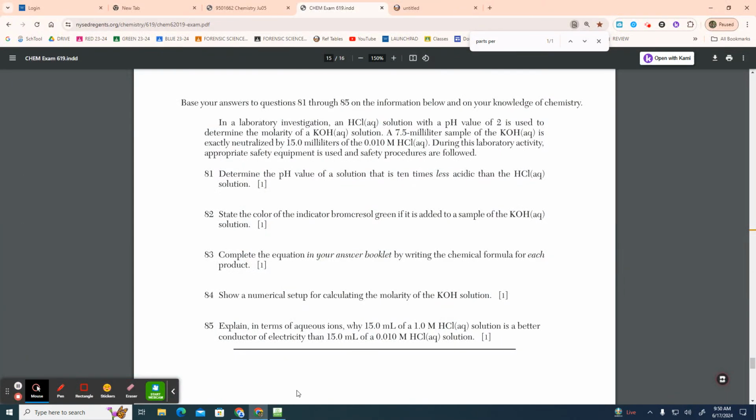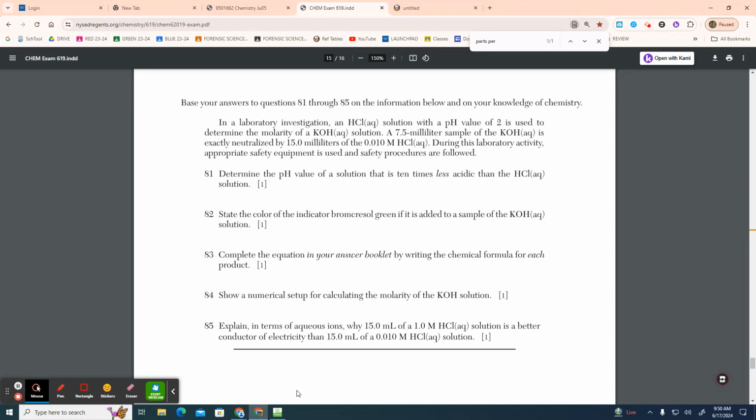All right. Explain in terms of aqueous ions why 15 milliliters of the 1.0 molar hydrochloric acid solution is a better conductor of electricity than 15 milliliters of a 0.01 molar hydrochloric acid solution.